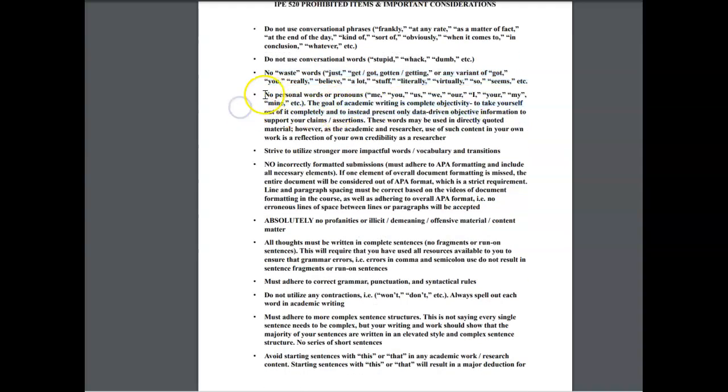This is huge. No personal pronouns or word associations, i.e. me, you, us, we, our, I, your, my, mine, etc. Remember, a researcher is presenting and orchestrating source material to substantiate claims. The researcher extracts themselves 150% from the content of the research.